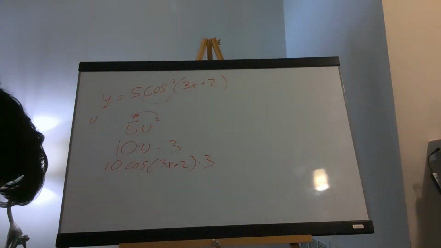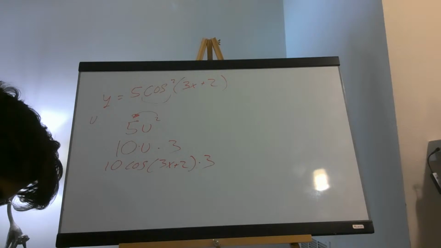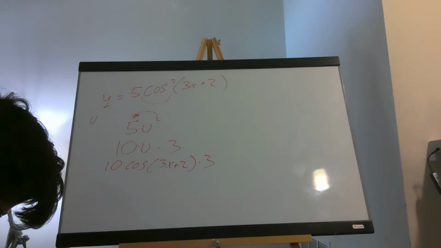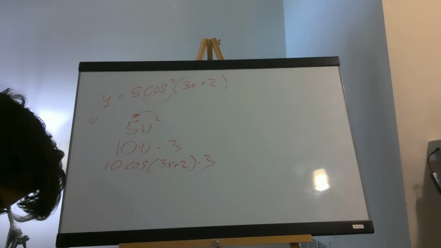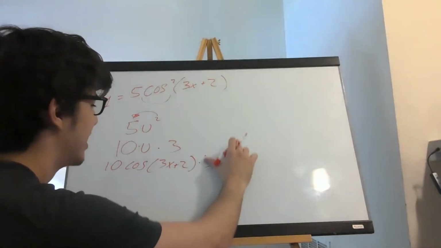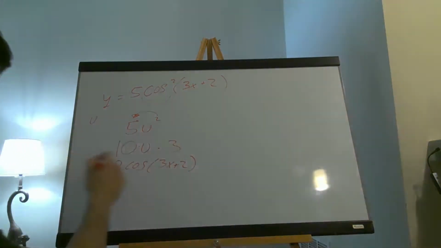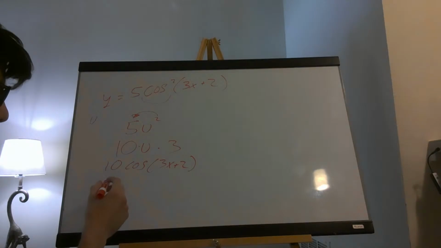Let's double check that. Oh, so close. I had the majority of it right there. So we gotta take that 3 out, but you know what I forgot to do?